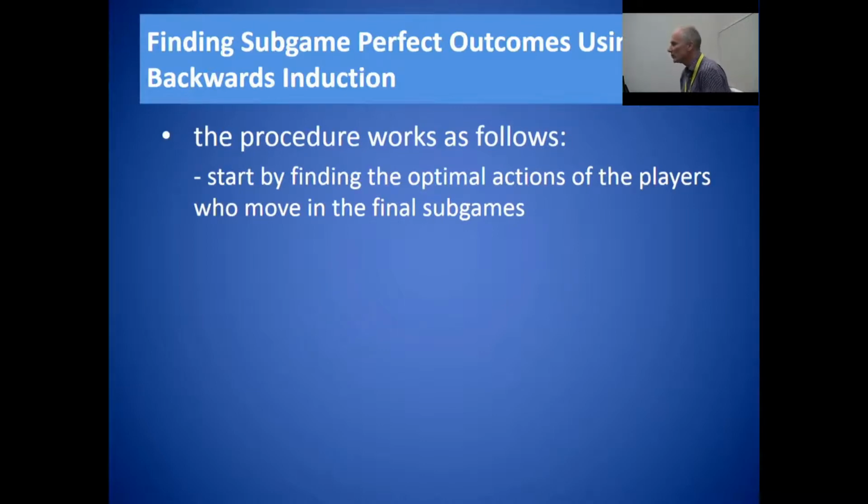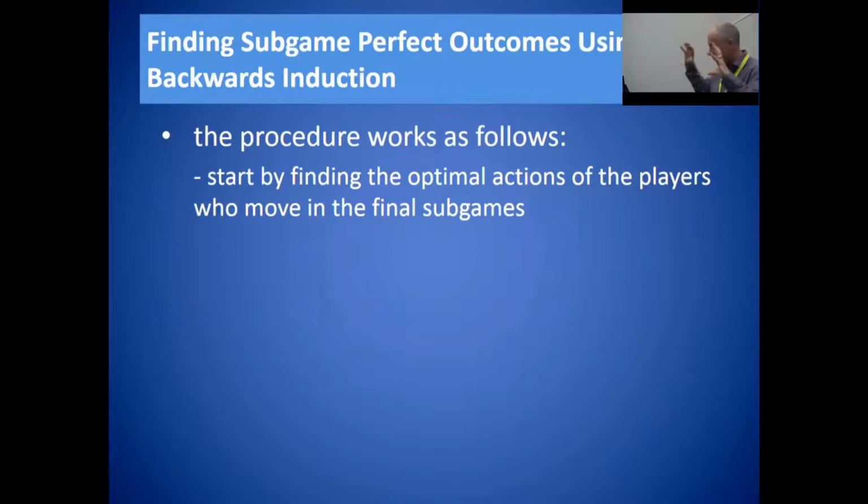What you need to do is go to the very end of the game. You start right at the end and look for all of those subgames where the players move in the last turns.